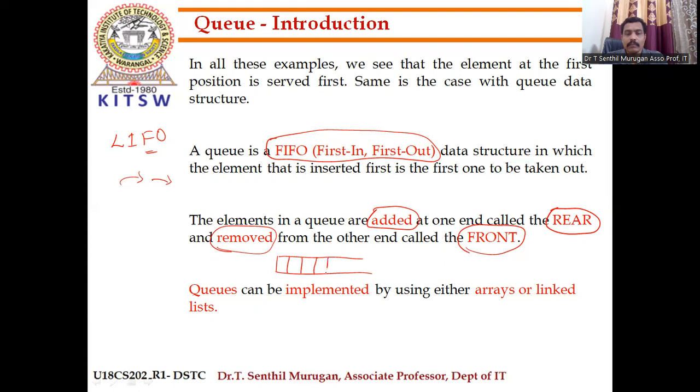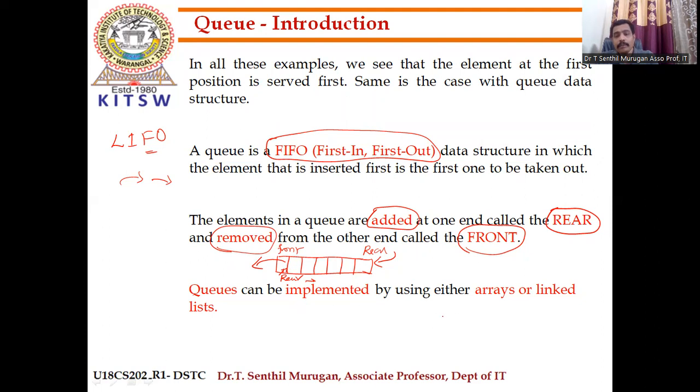In this array, we can insert the element here only. This is the rear position. This is the front position. Initially we insert at the rear position, so initially rear is pointing to the first location. The rear pointer will move forward in this direction. If you want to remove any element, we can remove from this direction. This is first in, first out order.